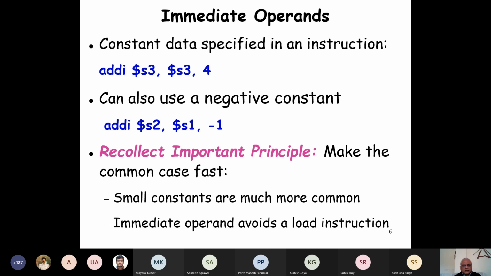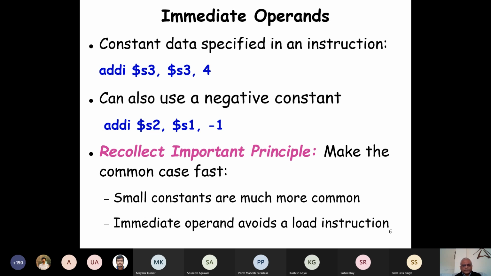The only thing is that the size of this data cannot be very large, because we typically specify this using 16 bits, 2 bytes. We'll see the instruction organization. So there is a restriction on the size of the immediate operand.